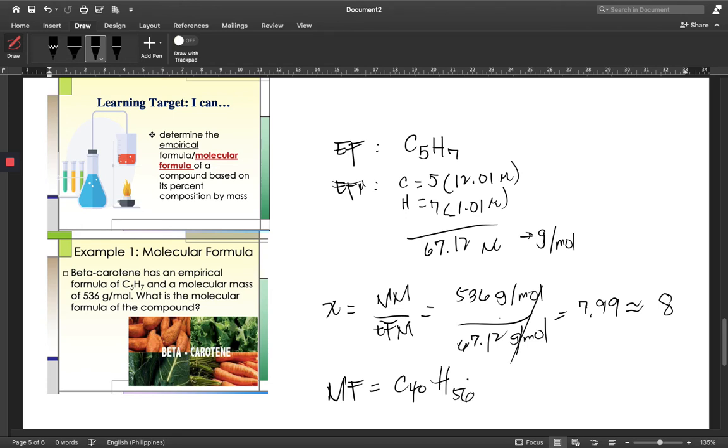All right, so that's 5 times 8 is 40, 7 times 8 is 56. Therefore, we now have our molecular formula.